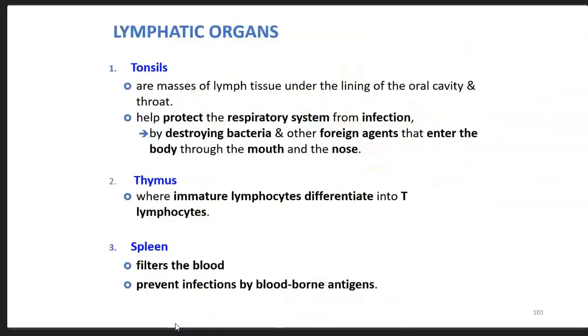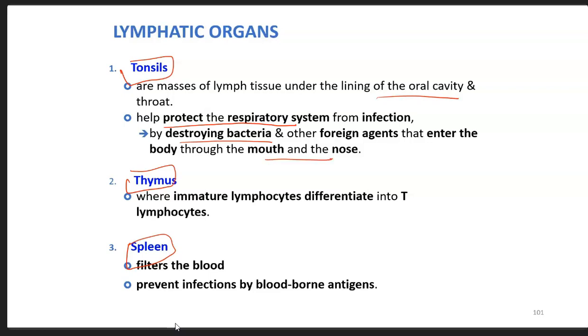Okay, so other lymphatic organs, you have the tonsil, thymus, and also spleen. So what is the function of the tonsil? Masses of lymph tissue under the lining of the oral cavity and also throat. So the function of the tonsil is to protect the respiratory system from infection by destroying bacteria and other foreign agents that enter the body through the mouth and nose.